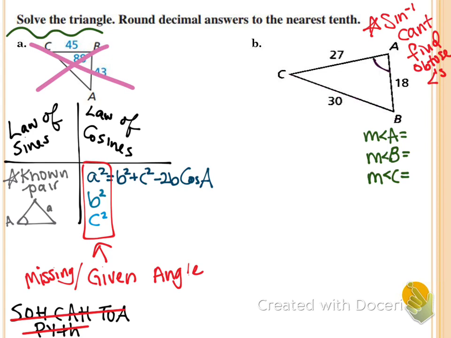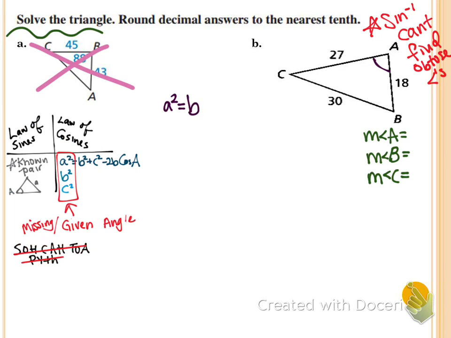So the longest side is 30. The biggest angle is going to be A. So we're going to find A first by using the formula. A squared equals B squared plus C squared minus 2BC cosine of angle A. So we can label the sides so you know where they're coming from, but A is across from 30, so side A is 30, C is 18, and B is 27.